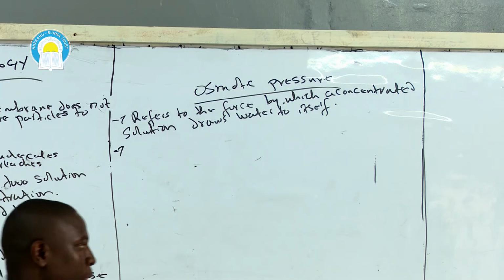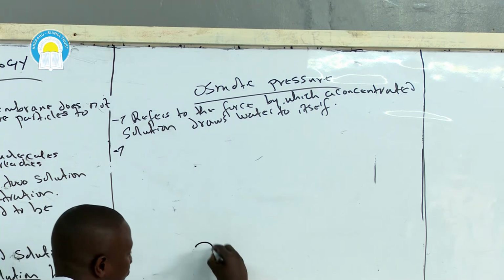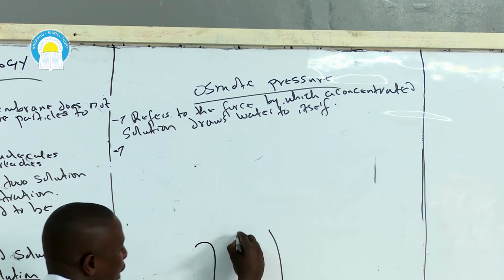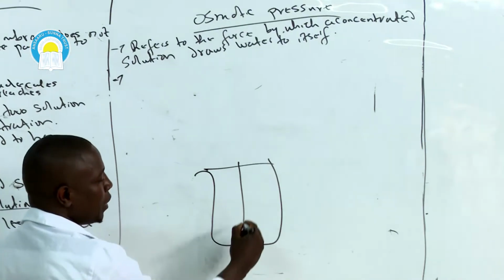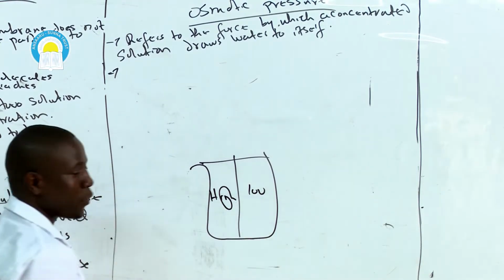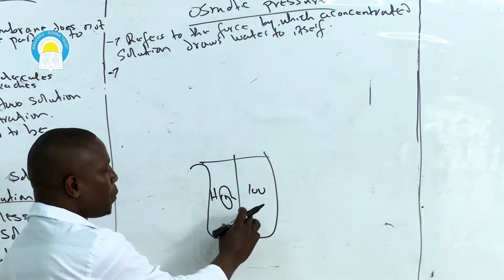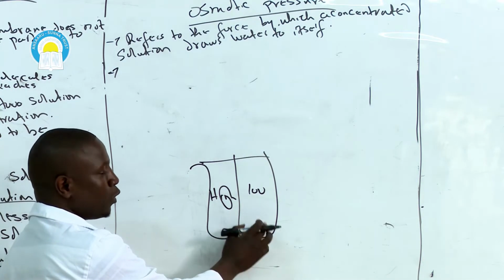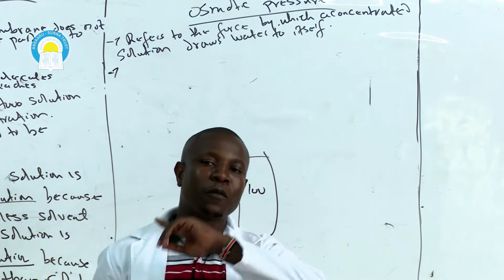So if I have a demonstration here, I say we take it like this, and here I partition into two. My beaker I partition into whereby this side it is low concentrated and this side is what? Highly concentrated. What's going to happen that when you place a highly concentrated region and a lowly concentrated region, you're going to find out that water molecules will have to move from one side to another.